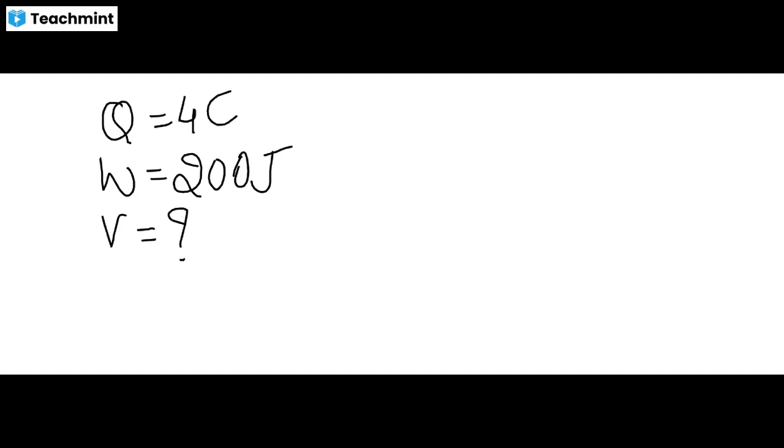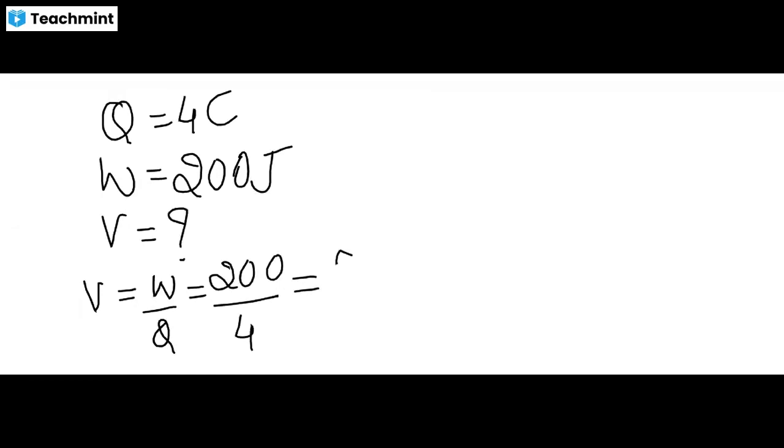What is the formula you are using? V is equal to W by Q. So W is 200, by charge 4. So what do you get? 50 volt. Yes, 50 volt.